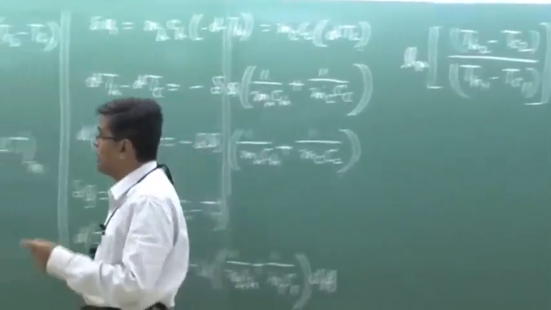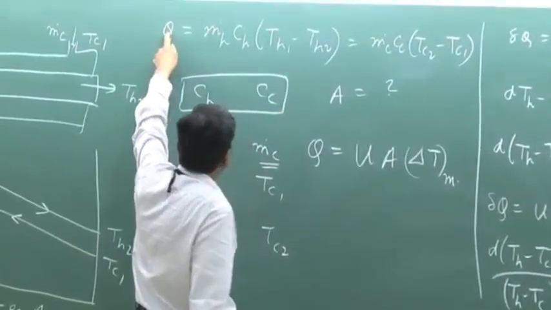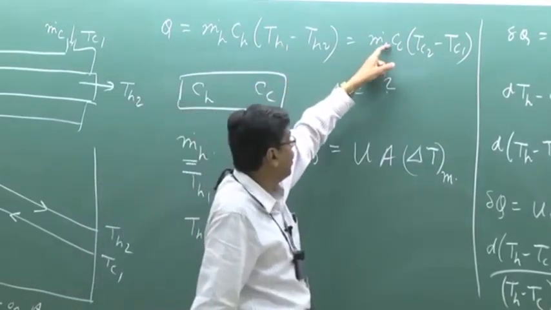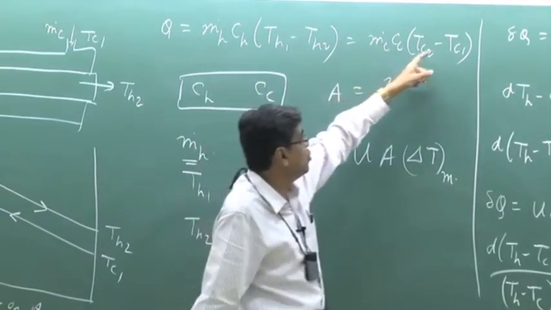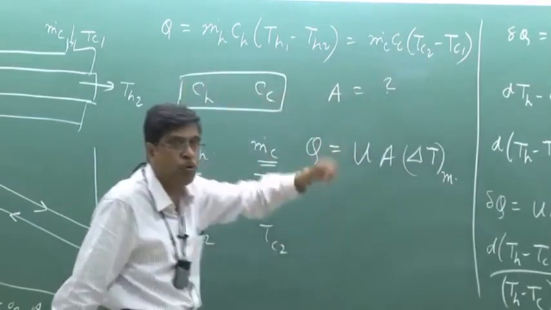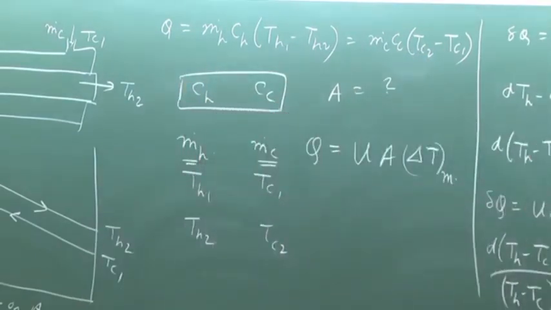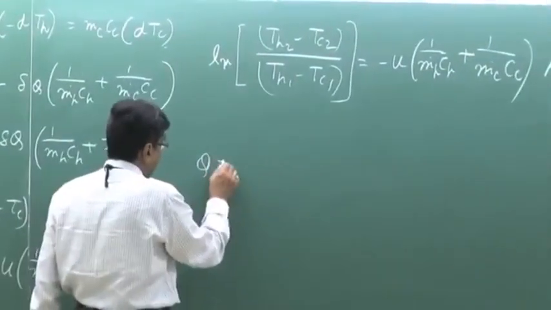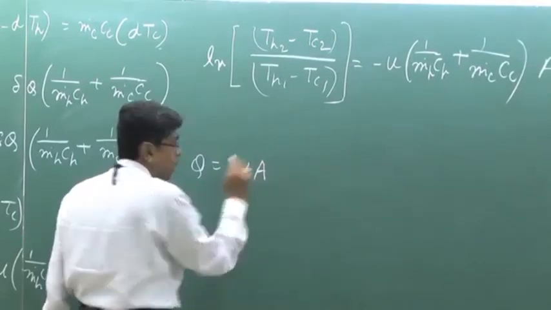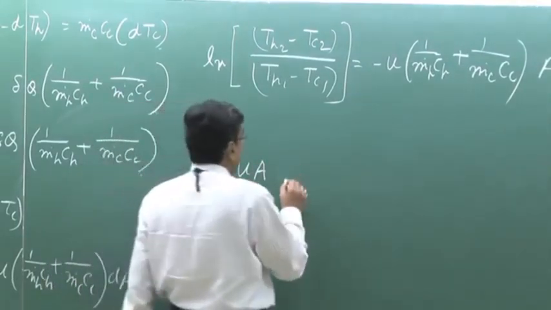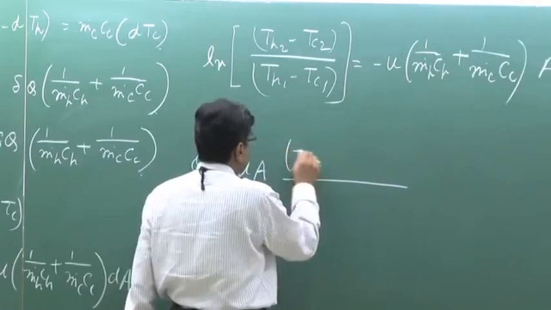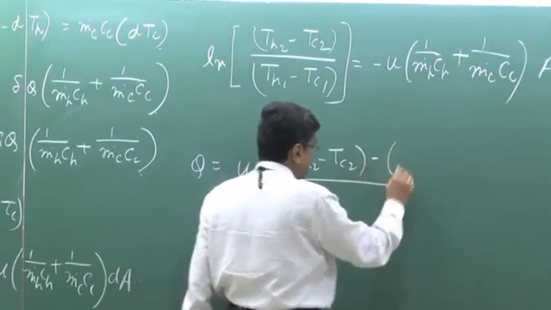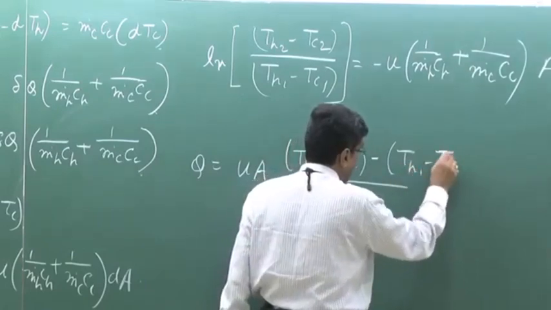What is 1 by m dot HCH? It is (TH1 minus TH2) by Q, and 1 by m dot CCC is (TC2 minus TC1) by Q. If you do it, it's very simple, you get ultimately this equation, and Q will come. Q is equal to UA times (TH2 minus TC2 minus TH1 minus TC1).